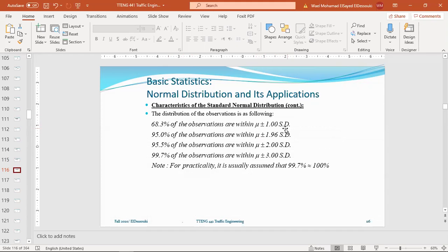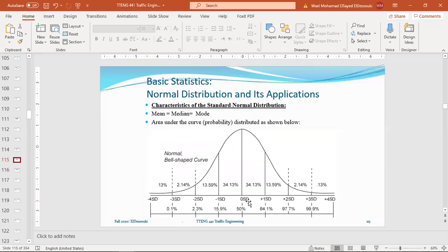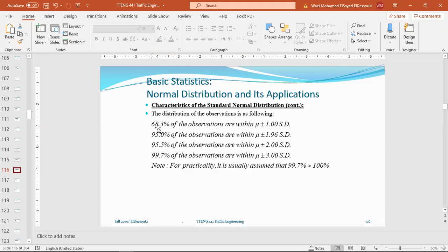If you add one standard deviation to the mean at the zero and subtract one, you cover this area, 34% and 34% added together, which is here, 68.3% of observations within mu plus or minus one standard deviation.